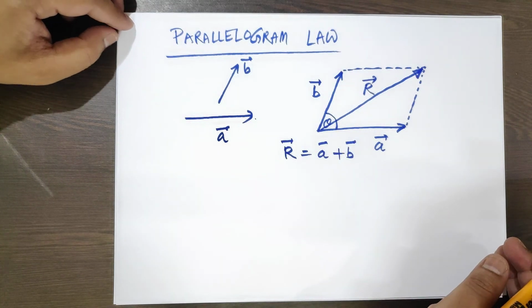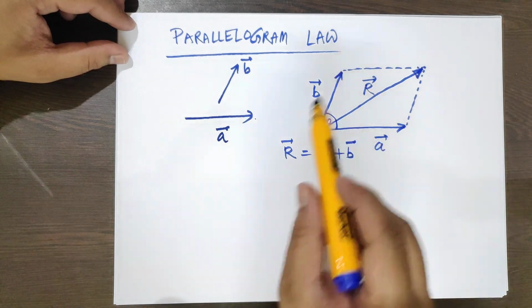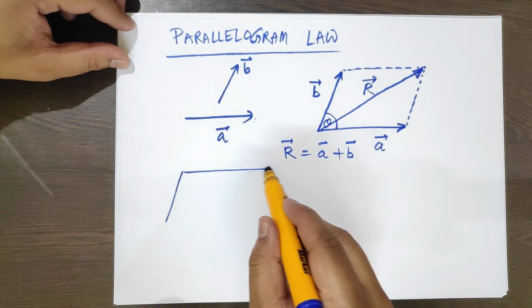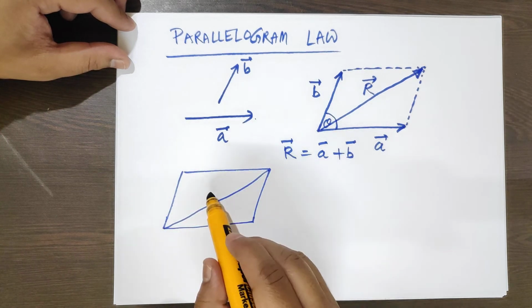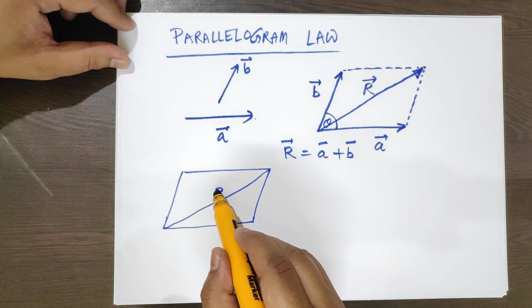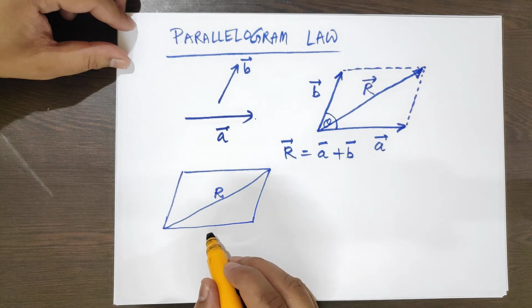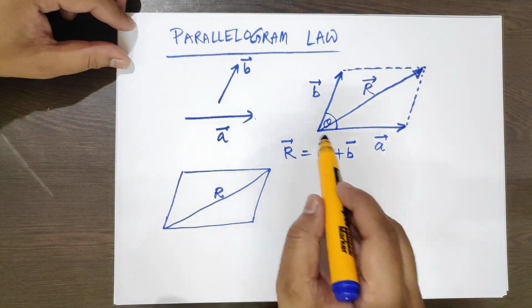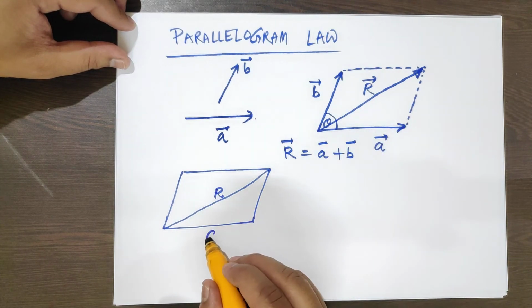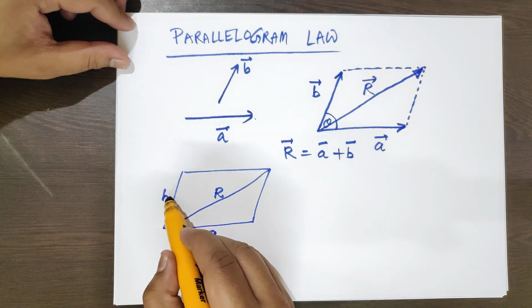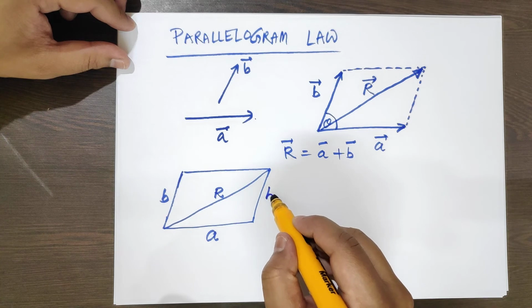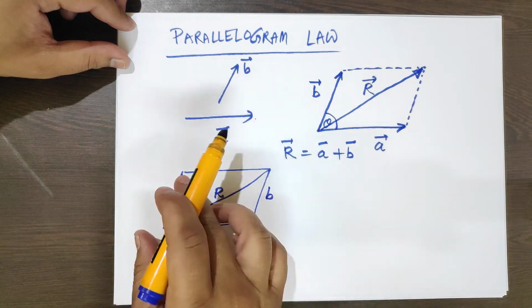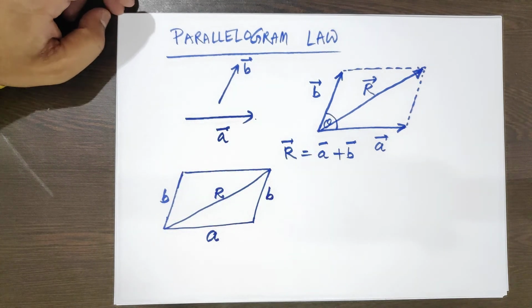See, it is not different from the triangle rule, because in a parallelogram you have to find the diagonal. I will write the magnitude only. As this is vector A here, this length is A and this length is B. If this length is B, this length is also B, parallel and equal, opposite sides.